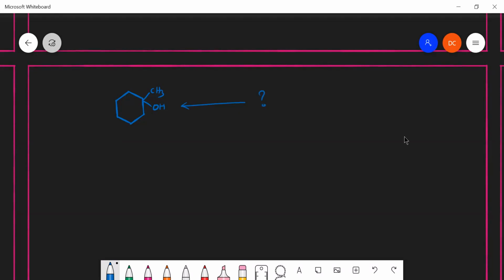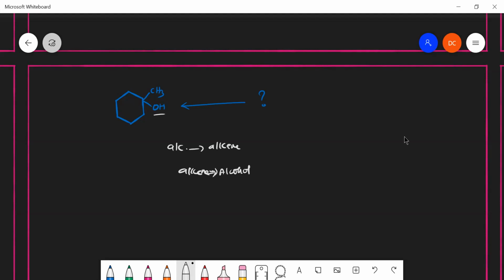Which type of alkene is it formed from? For that, what do you have to do? Alcohol to alkene, and alkene to alcohol. You know both the reaction mechanisms, right?